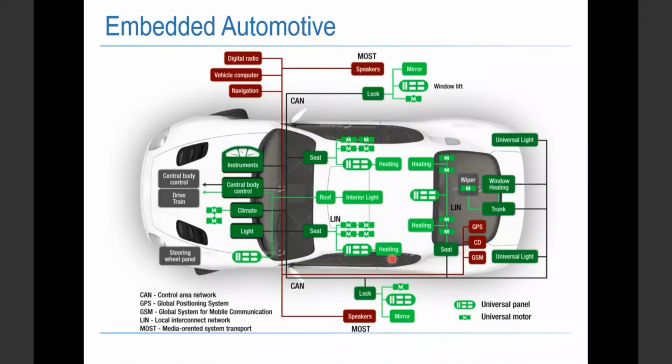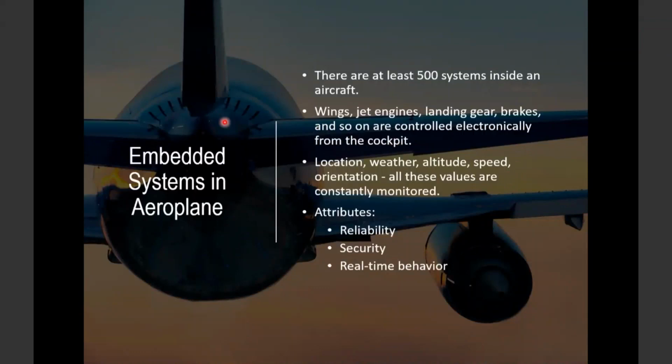Apart from the car, we also have an embedded system in the aeroplane. So this is another example where embedded systems are used. There are at least 500 systems inside an aircraft. The first one comes from the wings.